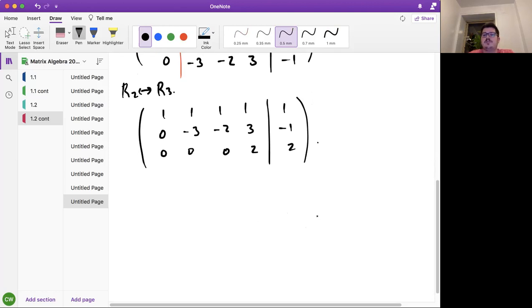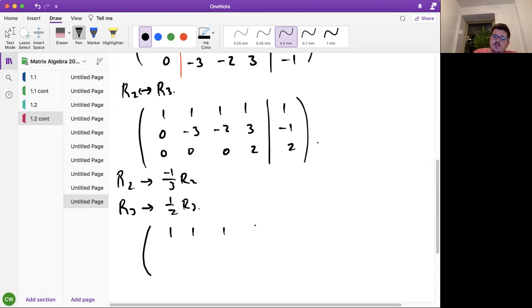Is this in row echelon form? No. How do we make it row echelon form? Yes, we can divide the second row by -3. And then what do you do to the third row? Right, divide by 2.